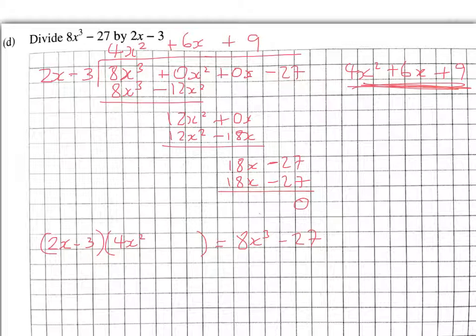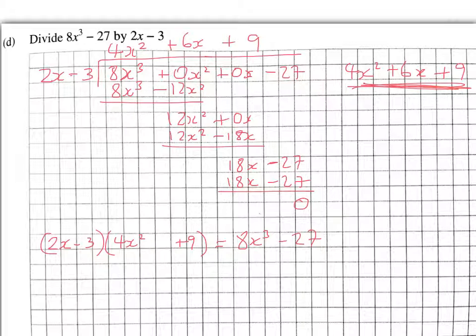And for the last term, what do I multiply by minus 3 to get minus 27? Well, that's plus 9. Now, straight away you can see, without too much work, I've been able to get the first and the last of my answer that is required. The only thing I don't know is what the x term in the middle is.